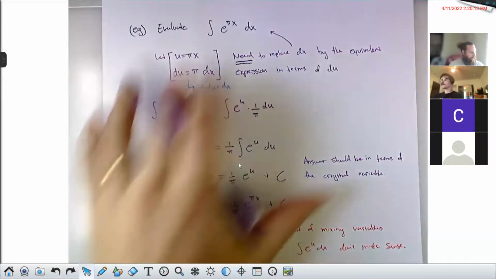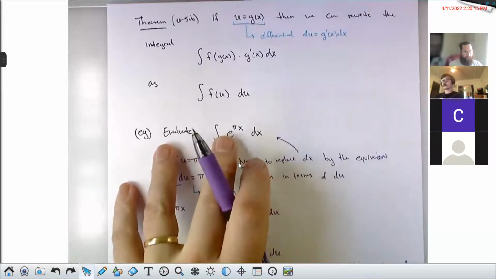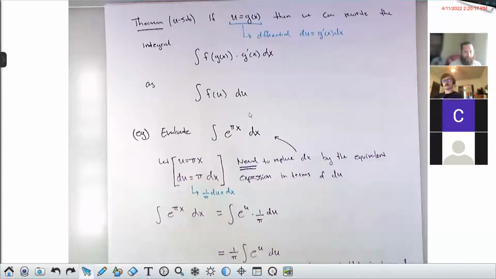Okay, let me draw your attention back up here. We said we're attacking stuff like this, and this g primed doesn't need to be a constant. Here, we can think of e to the pi x as e to the pi x times pi divided by pi. And then I can group that pi.